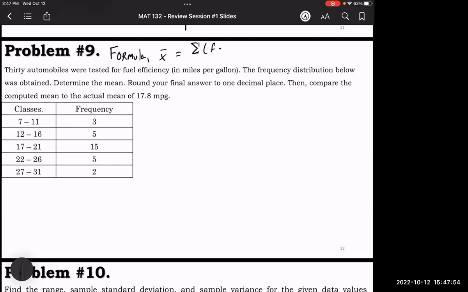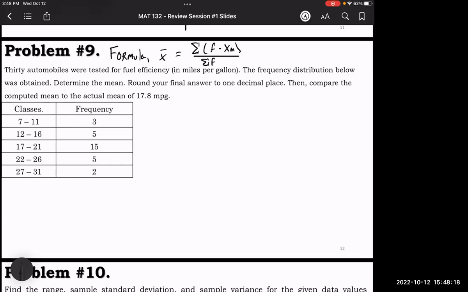What does the XM stand for? Midpoint. The class midpoints. That's right. So it's the sum of the frequency times the class midpoint for every single class divided by the sum of your frequency. So that's our formula.